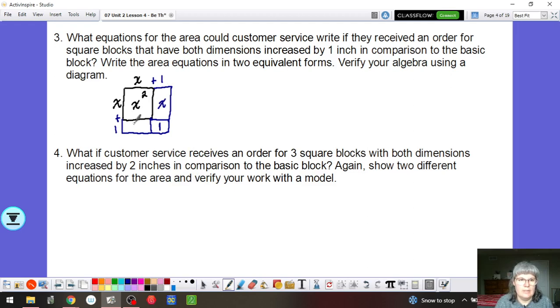And these two rectangles are each 1x, or x. So we could write one equation just based off of the dimensions. A of x equals x plus 1 squared, or it can be the sum of the areas of each piece that makes up the block. So we have x squared, we have 2x, and we have plus 1.